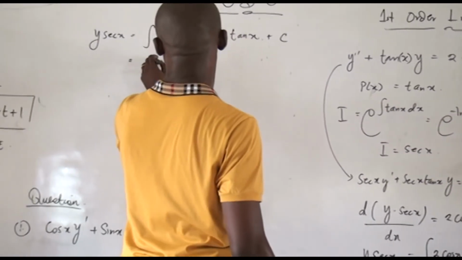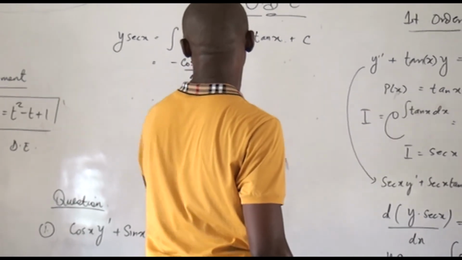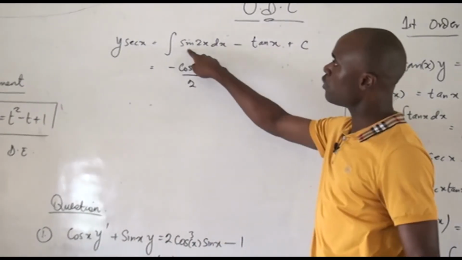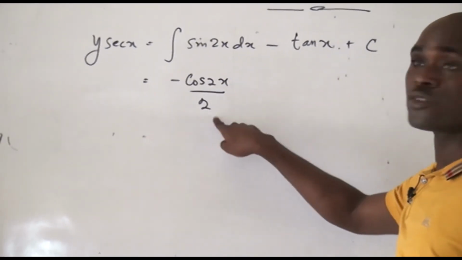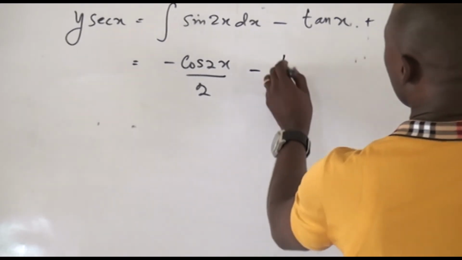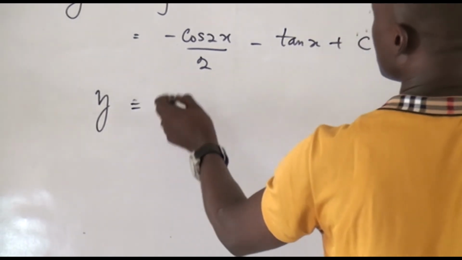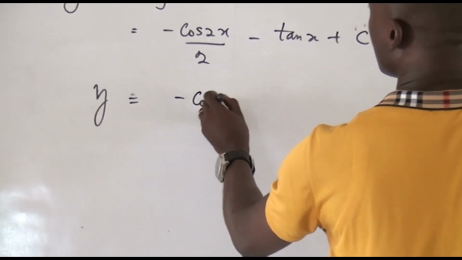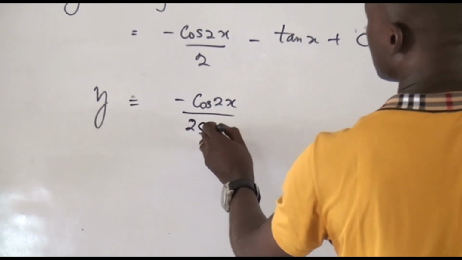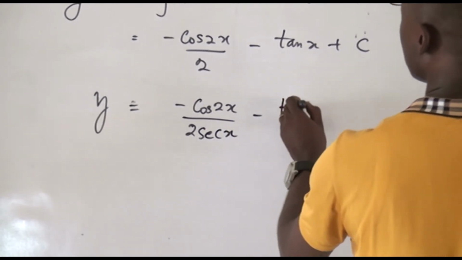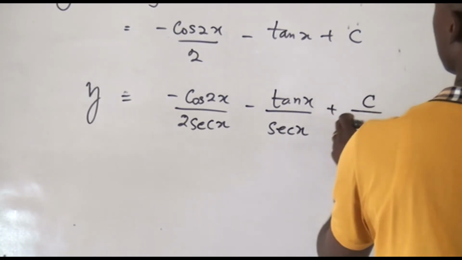So the integral of this is also going to be minus cos 2x all over 2. So take note, the integral of sine 2x is actually minus cos 2x over 2, minus tan x plus c, and you have our final answer now to be y equals minus cos 2x over 2 sec x minus tan x over sec x plus c over sec x.